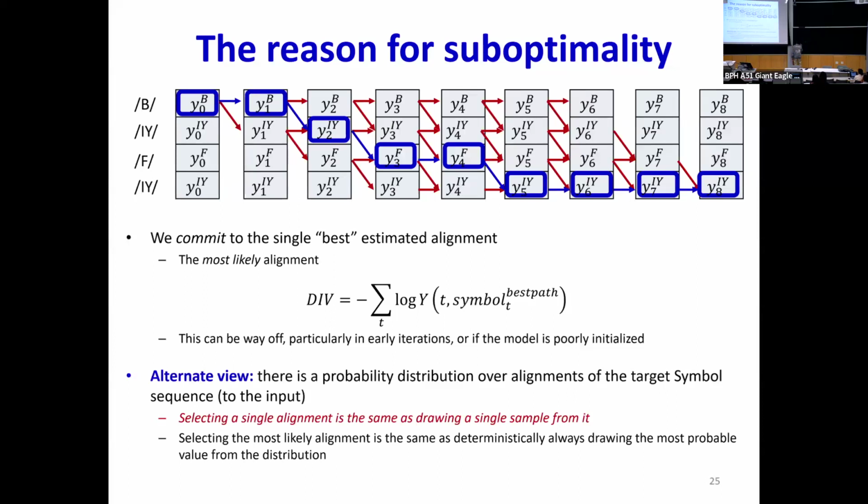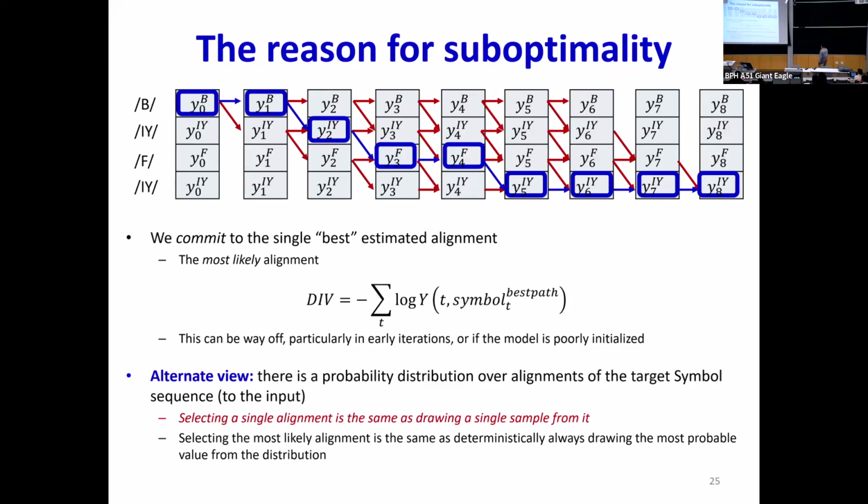I could have something like this. I could have any number of alignments. And corresponding to every one of these alignments, there's going to be some probability, 0.001, 0.0001, whatever. And we pick the most likely alignment. We just happen to have an efficient algorithm to find the most likely alignment.